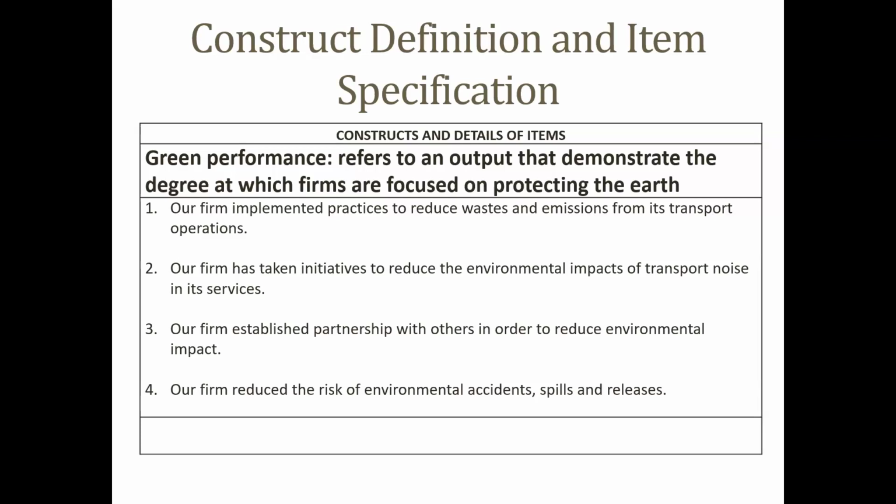For an organization to go to this extent to invest in relationships and partnerships to reduce their environmental impact, it means they have achieved some level of green performance because they are seeking to protect the earth.